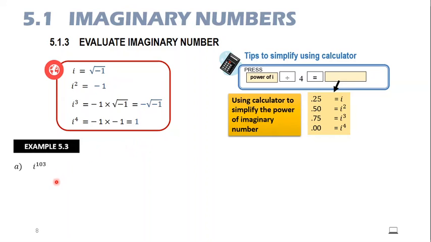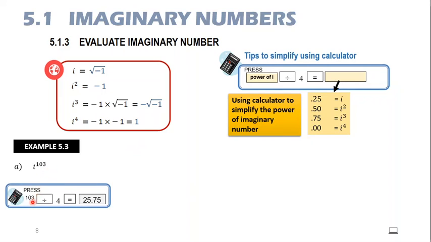I have I to the power 103. Daripada sini kita tekan calculator. 103 divided by 4 equal to 25.75. 0.75 equal to I to the power of 3. So, I to the power of 103, I kuasa 103 ni sama dengan I kuasa 3. Dan kita tengok dekat I kuasa 3, jawapan dia adalah negative square root of negative 1.